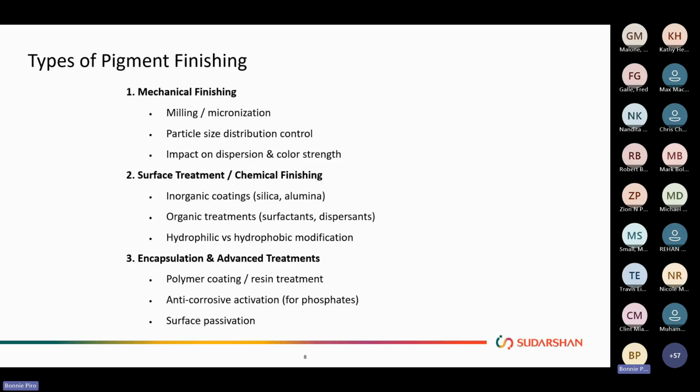Weather-treated mica effect pigments fall into this category. Our chrome-free weather treatment is polymeric in nature. Anti-corrosive activation, these are another area where more advanced types of treatments are done for the purpose of the properties that it puts out there.